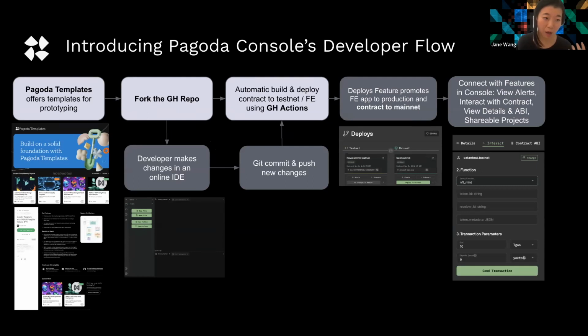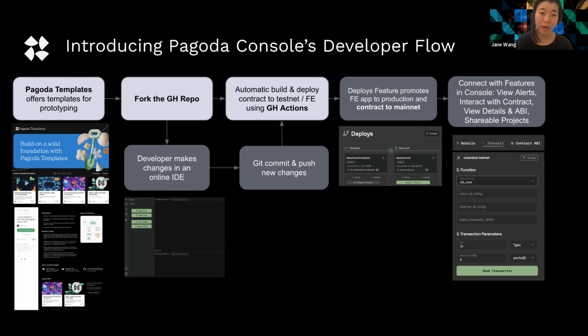When you come to the page, you'll be able to see the Pagoda templates, which is just a gallery of a lot of different projects that you can view. The projects would have smart contract code, either written in JavaScript or Rust, and then a front-end app that communicates with the specific smart contract.